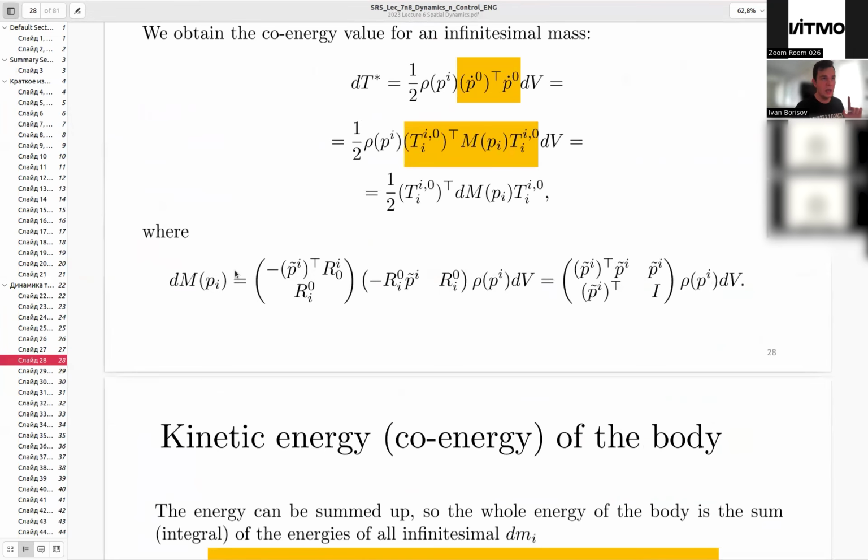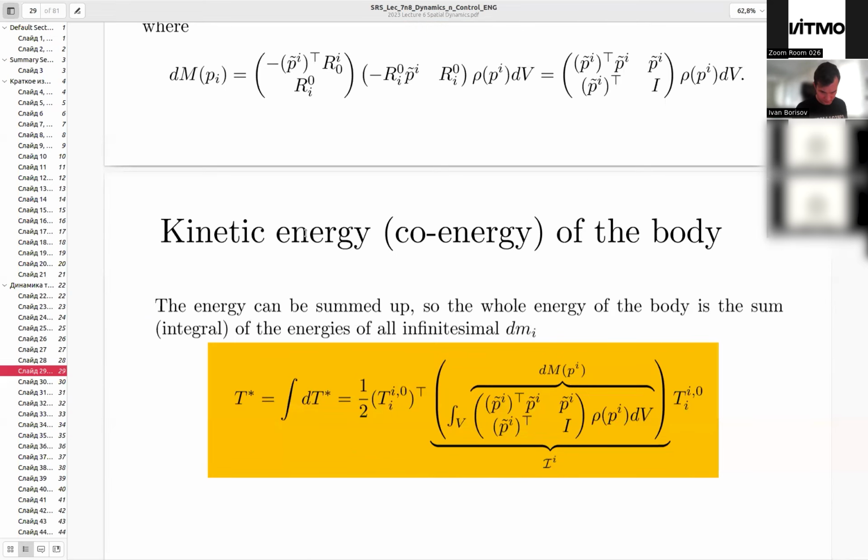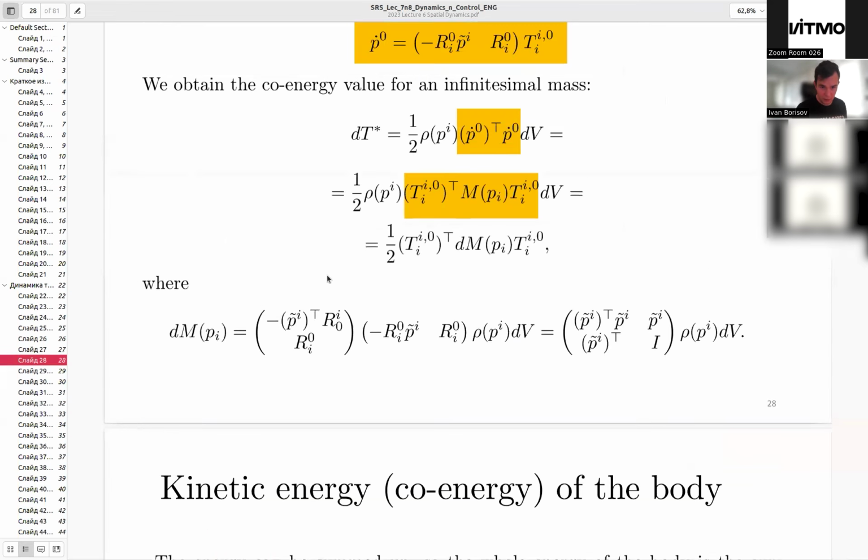So something that I have just written is a dm. And if you then put this dm right here, you will get that dt, the kinetic energy of an infinitesimal small piece of body, equals 1/2 times twist transpose dm times twist.